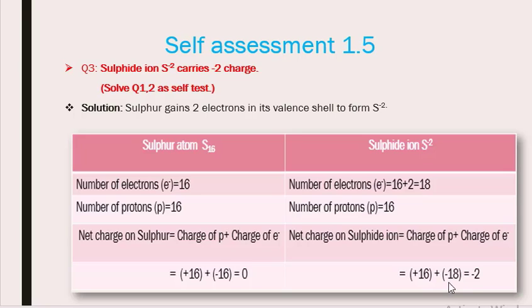So we are going to subtract 16 from 18. It will become 2, and considering the algebraic rule, the sign will be taken from the greater value. So greater value is 18. So the sign with 2 will be negative, minus 2, due to greater number 18.